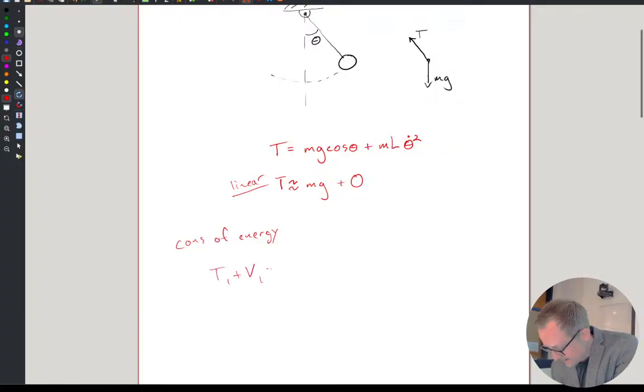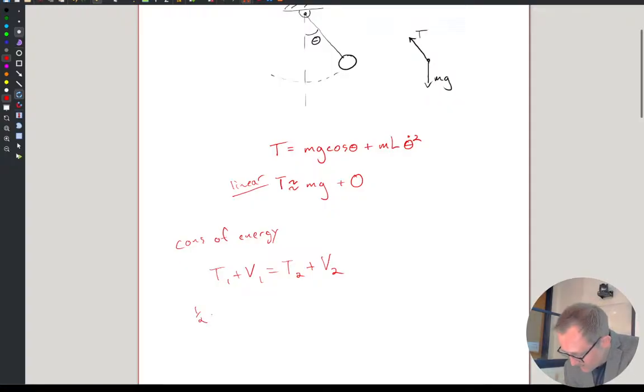This is kind of like a preview of what's coming next. If we think about how much kinetic and potential energy this pendulum has, it has mgh of potential energy and then 1/2 mv squared of kinetic energy.